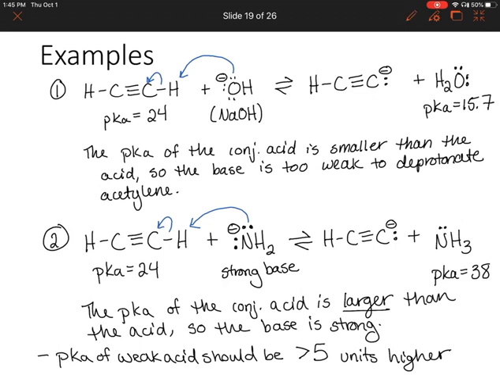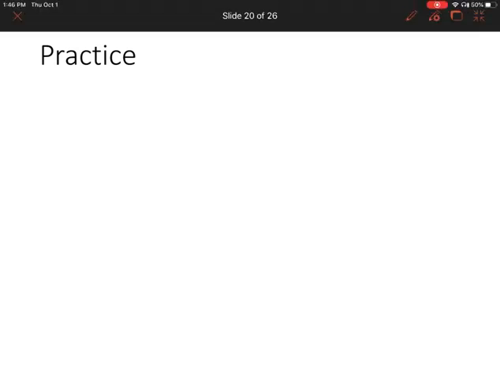All right, so let's do a practice problem. Now, in this practice problem, we're going to combine a lot of the ideas that we've already seen. So first, let's decide which hydrogen on our molecule is the most acidic.